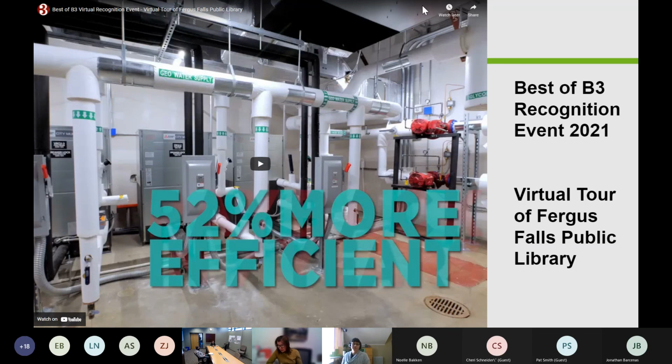We also received over $3 million in private donations through a foundation, and then the rest was a sales tax initiative. So we needed to get a vote from the people to approve this project, and that vote did pass by about 70%. So with that, I invite you to watch this video that was made for the B3 Awards.